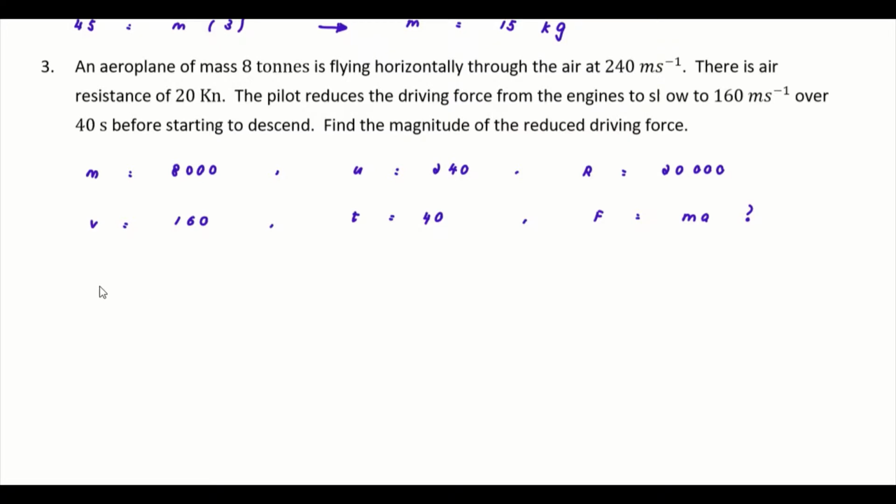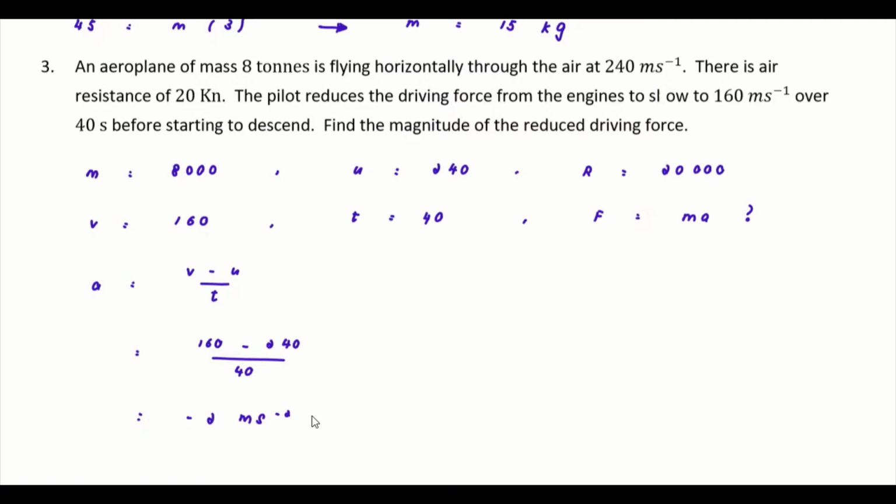So we can find our acceleration by using v minus u over t. The v here is 160 minus 240, divided by the time, 40. So from here we get negative 2 meter per second square. Okay, so this is the acceleration, which is a deceleration.